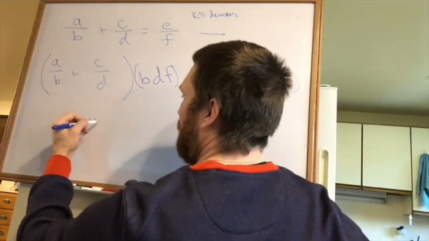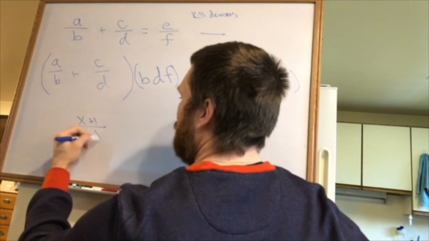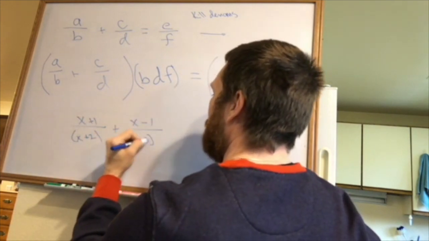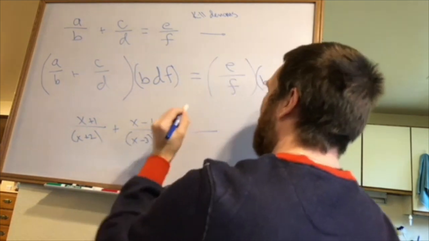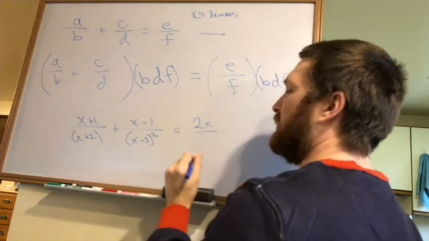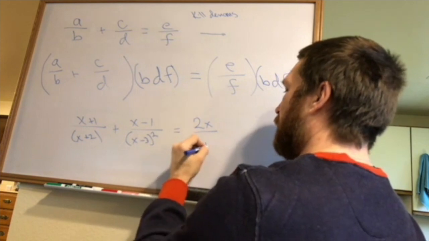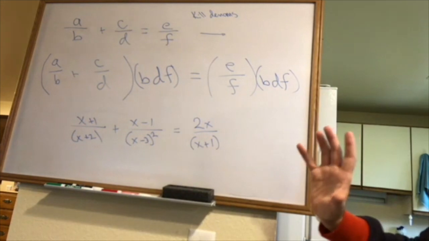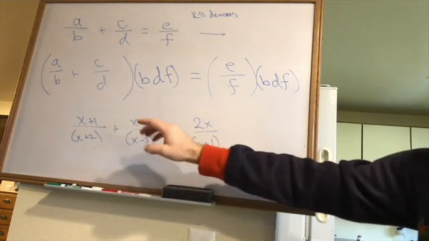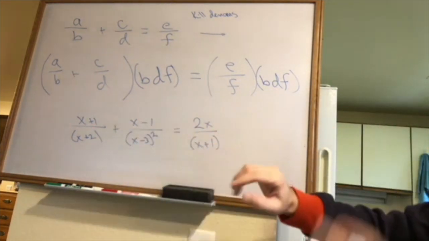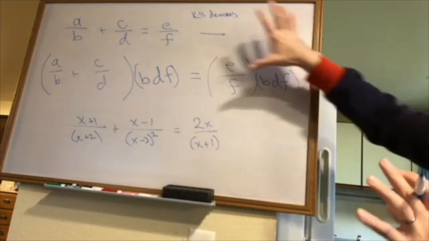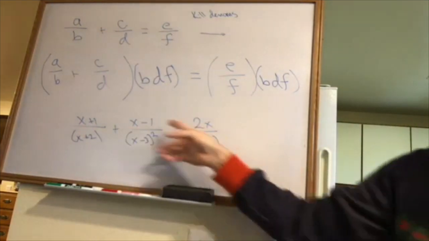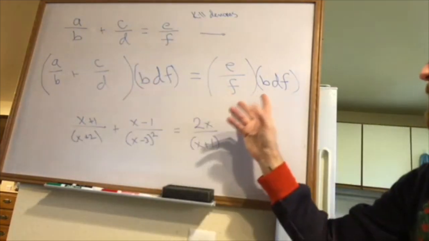So I have something like x plus 1 over x plus 2, plus x minus 1 over x minus 3 squared, and then on the other side, how about 2x over x plus 1. It's the same principle. If I multiply by this guy and that guy, he's gone, and that guy, he's gone. That's kind of the picture we have here, only instead of using actual factored terms, I just used letters. But this is the principle.